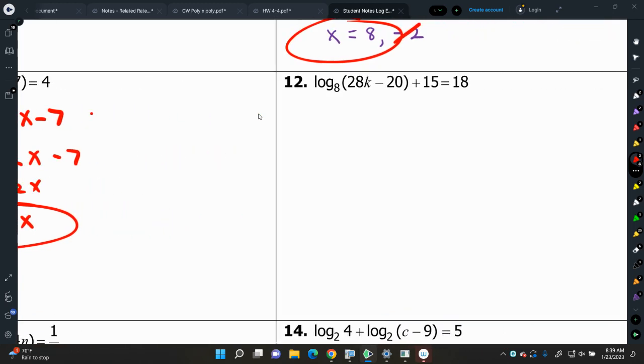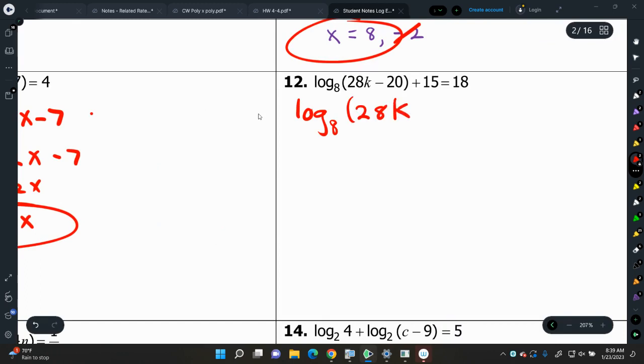Okay, number 12. What are we going to do first on that one? Minus the 15. Good. So log base 8 of 28k minus 20 equals 3. And then we're going to put it in exponential form again.